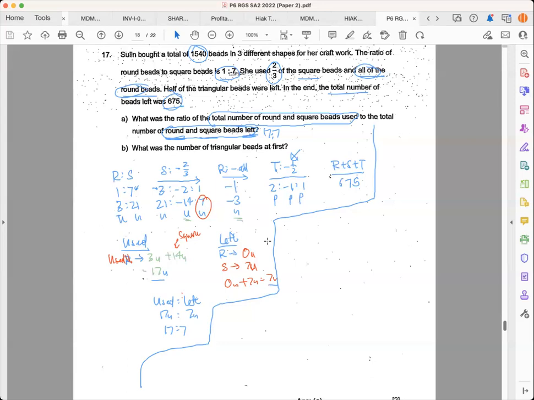So total bits at first is 3 units of round, plus 21 units of square, plus 2 parts of the triangle. So all these add up to 1540.